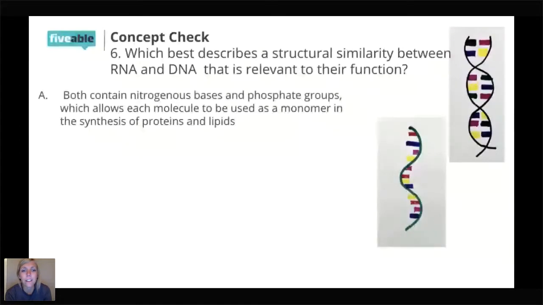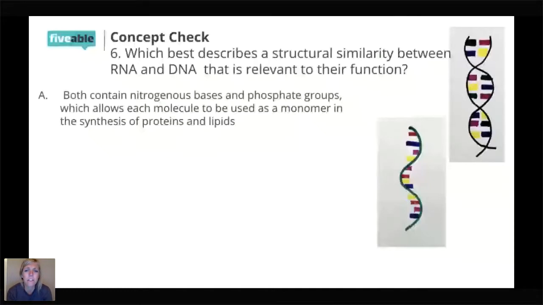So A says, both contain nitrogenous bases and phosphate groups, which allows each molecule to be used as a monomer in the synthesis of proteins and lipids. So looking at that, you can say, well, part of it's true. Yeah, they contain nitrogenous bases and phosphate groups. And it can be used as a monomer, right?